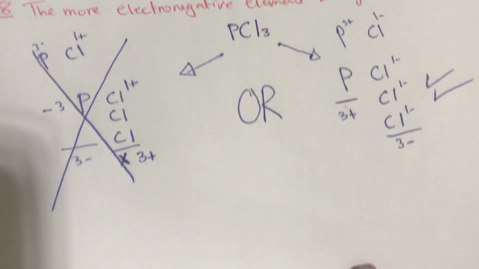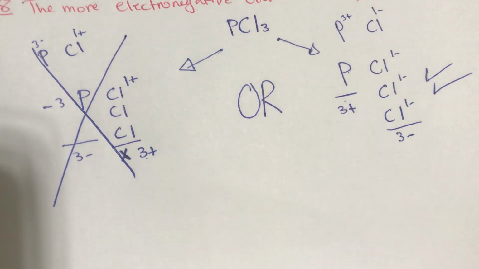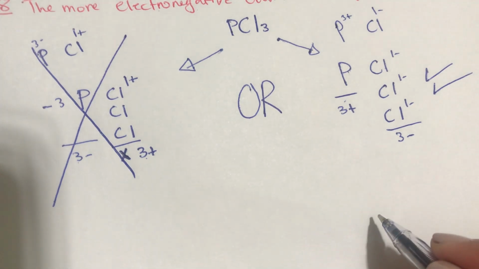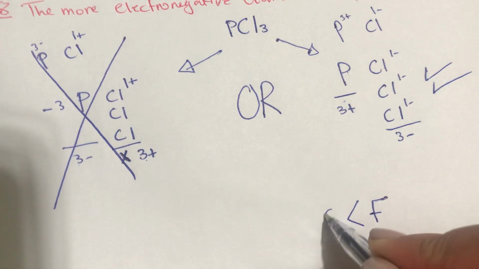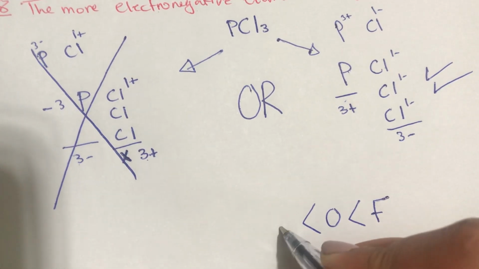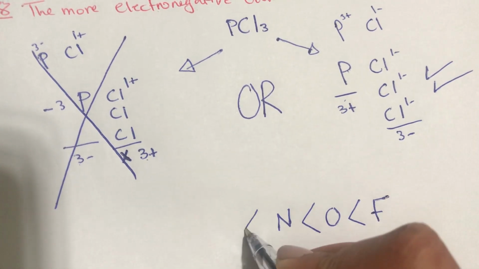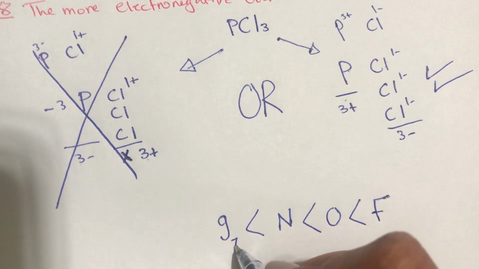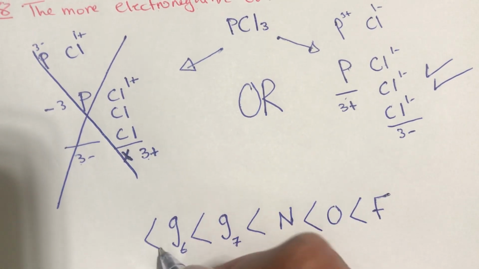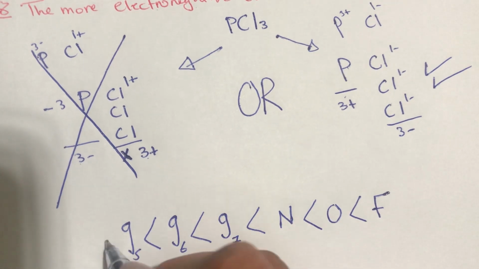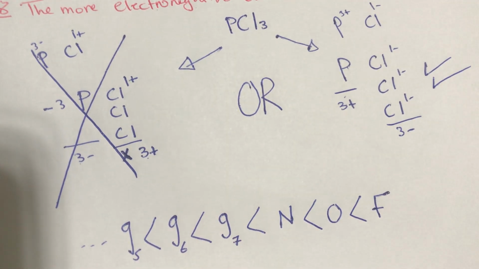To remember electronegativity, the highest element is fluorine, then oxygen, then nitrogen, then elements in group 7, then group 6, then group 5, and so on.